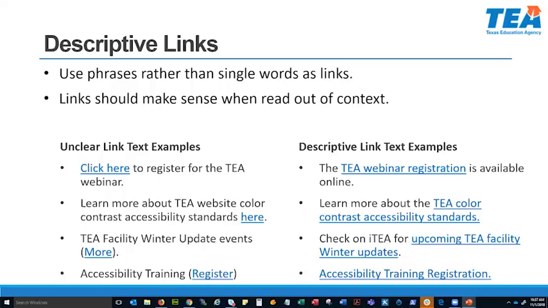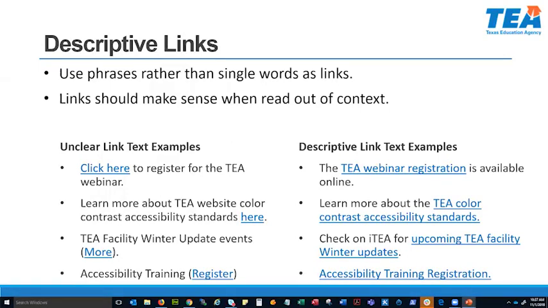So if I have a lot of links in my document, I want to make sure those links make sense when they're read out of context. A lot of people use "click here" or "more" or "register." A lot of just single words that are not really descriptive. It doesn't really tell you where it's going if you don't read the rest of the sentence sometimes.